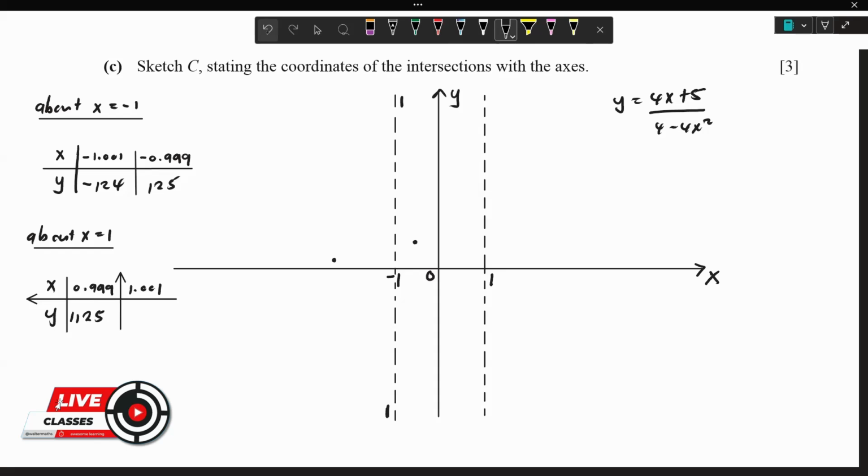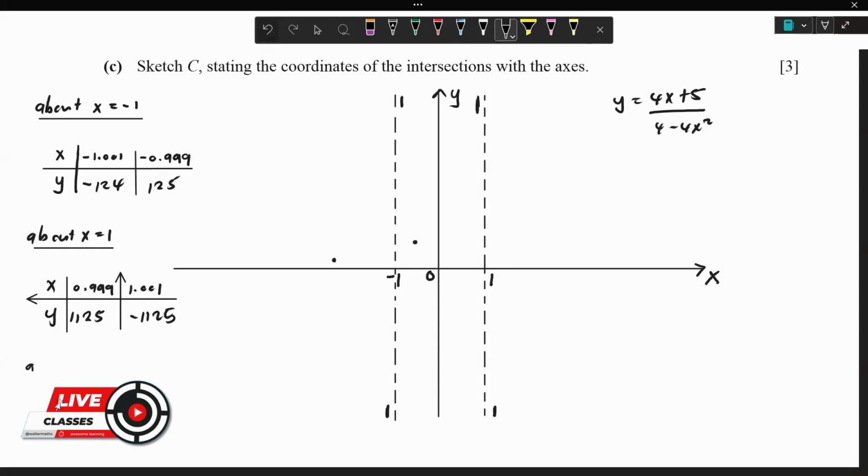So for slightly less than 1, it should be coming from here. And for 1.001, we get minus 1,125. So slightly greater should be coming from down here.